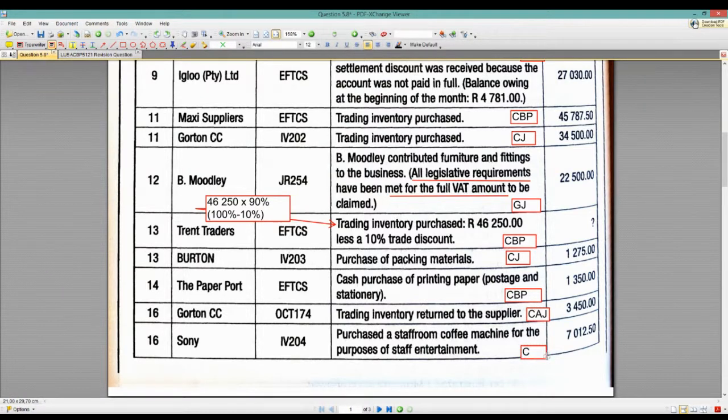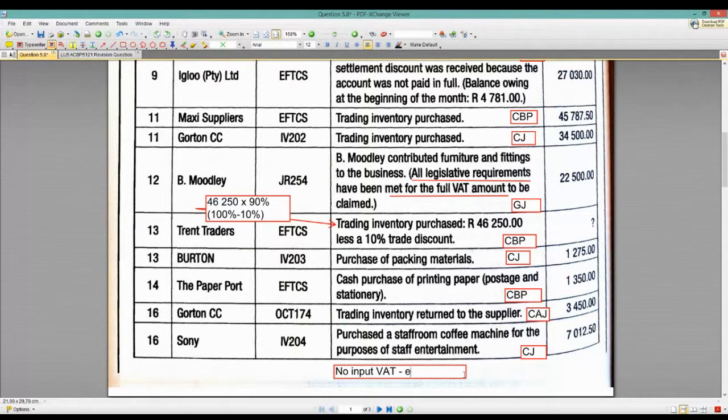Would we claim any input VAT on a coffee machine for the staff room? Will we be able to claim any input VAT for the coffee machine for the staff room? No, we will not be allowed to claim input VAT. So I'm just going to write here, no input VAT.